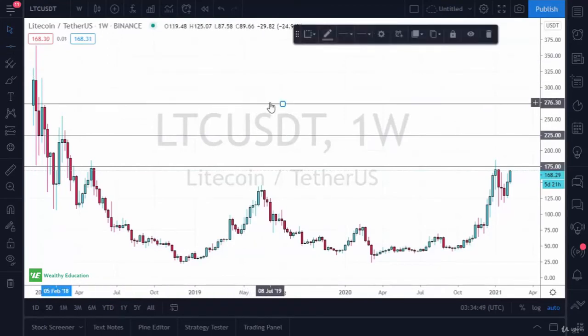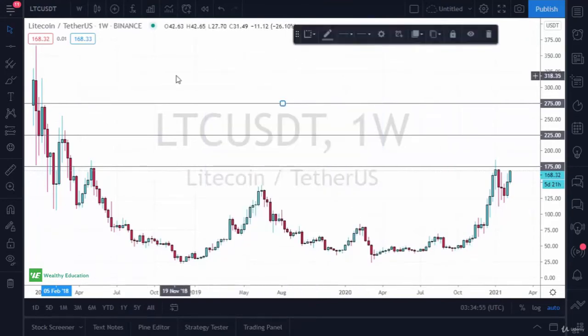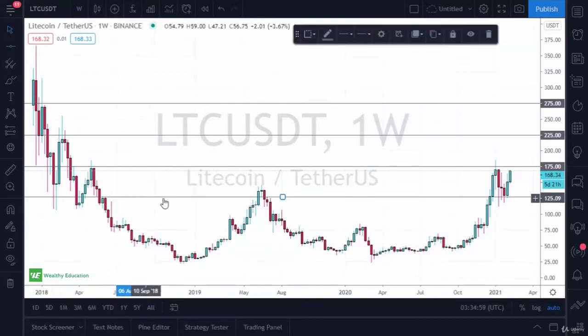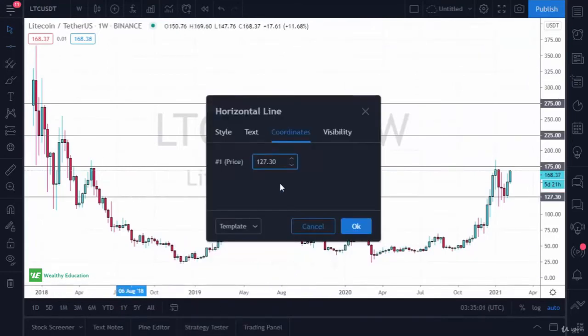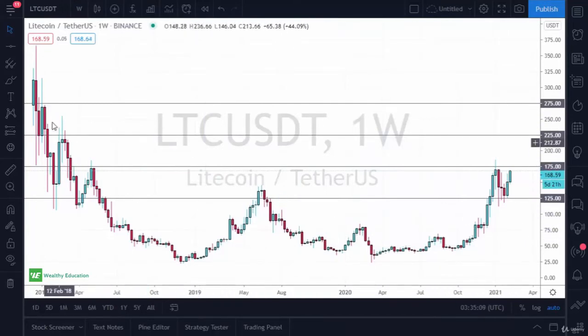And right here at 275. And let's go a little lower, say 125. Okay, so you can see that there seems to be some symmetry in the market.